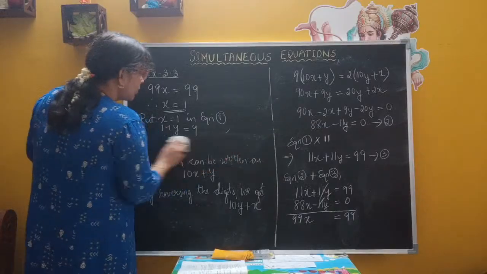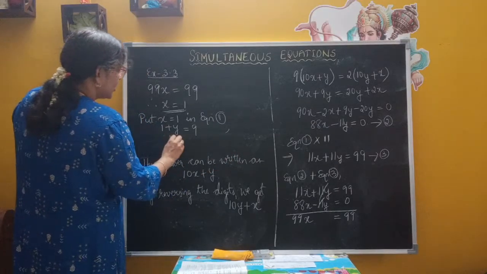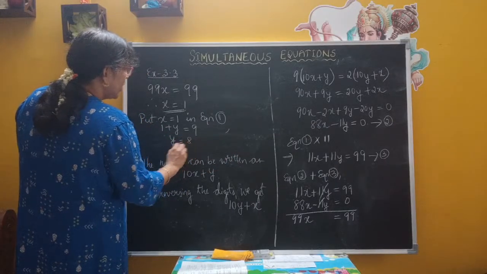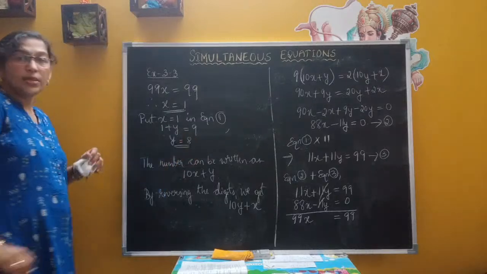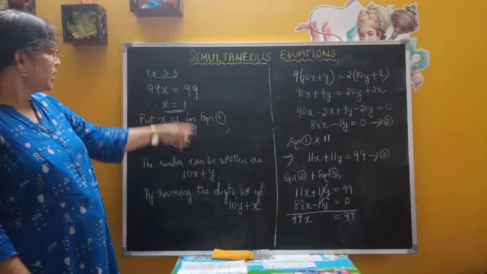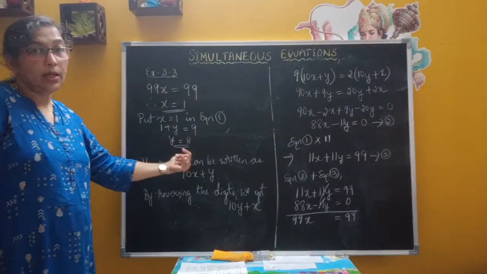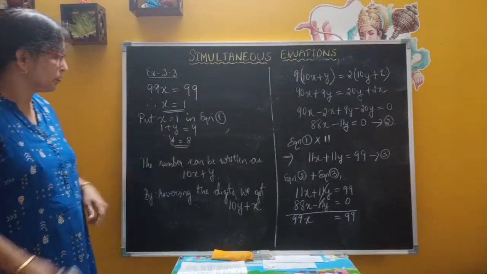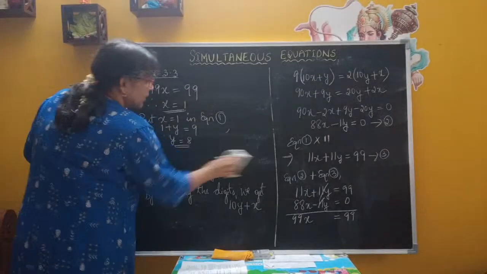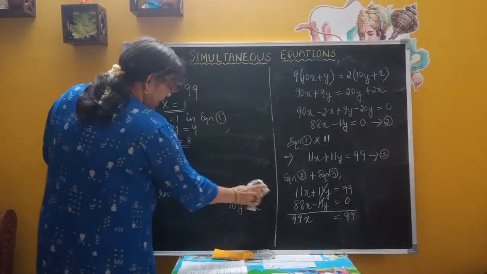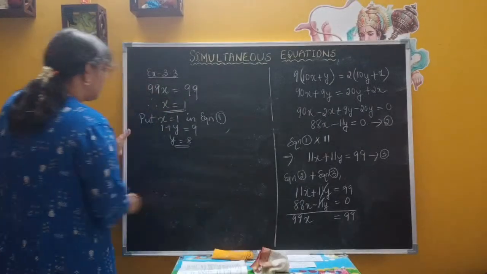So what do we get now? y value is 9 minus 1 is equal to 8. So what is the number? The 2-digit number is 1 and 8, that is 18.